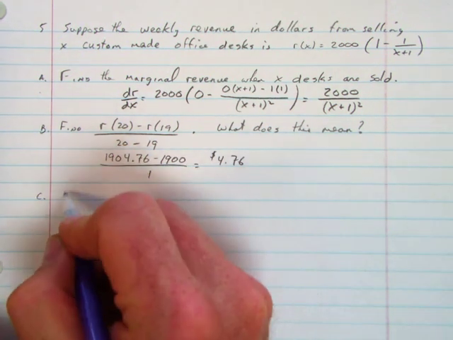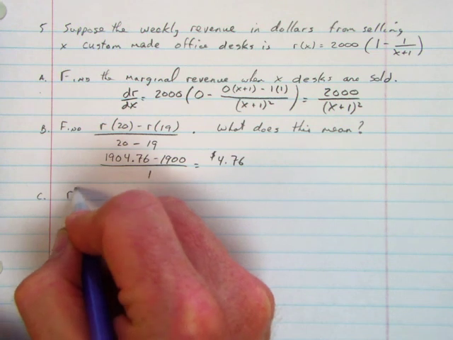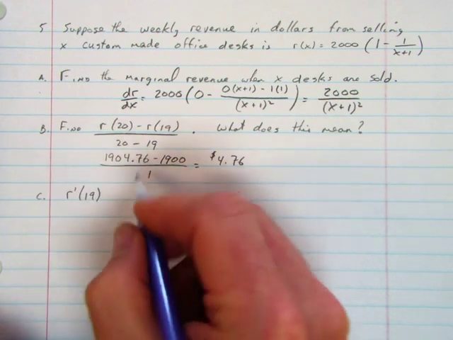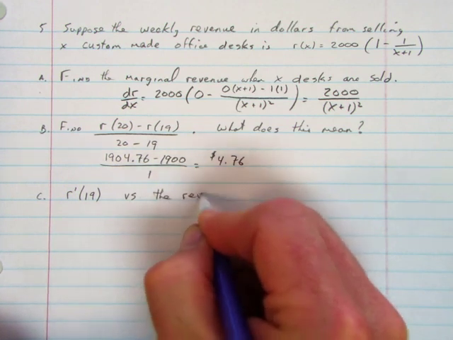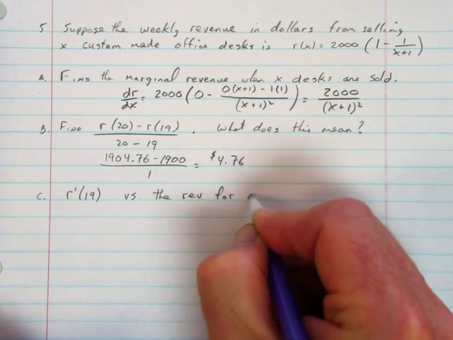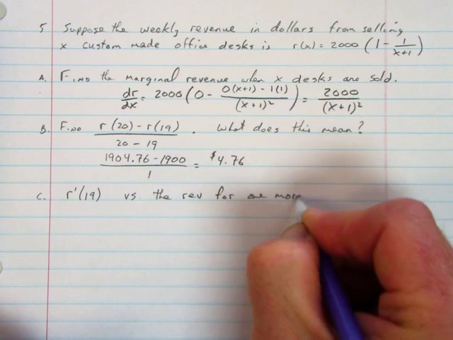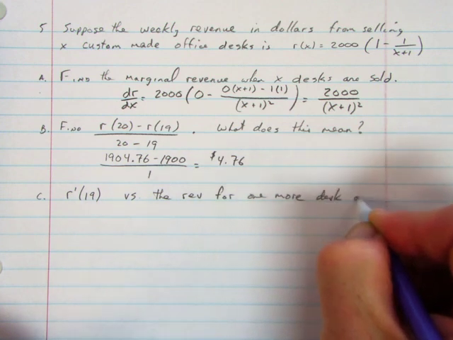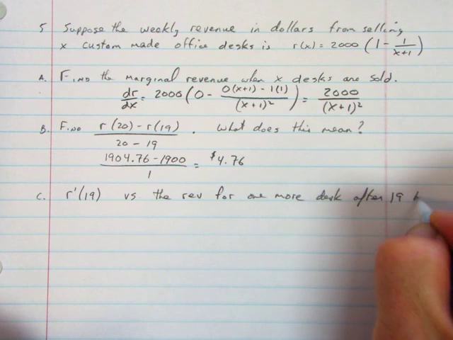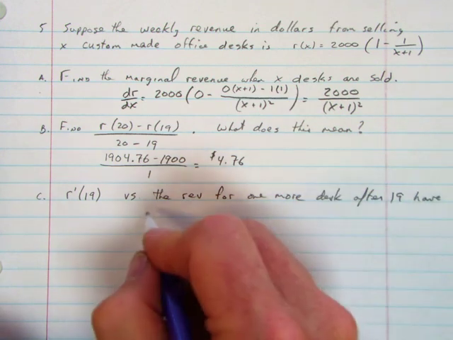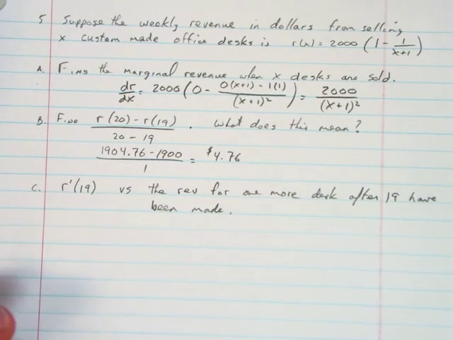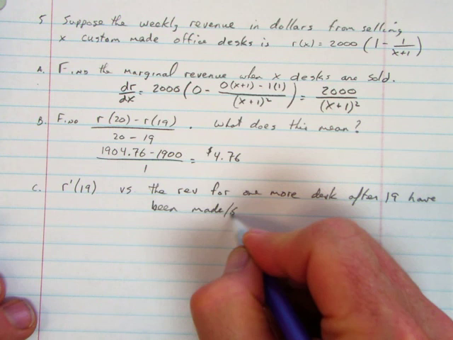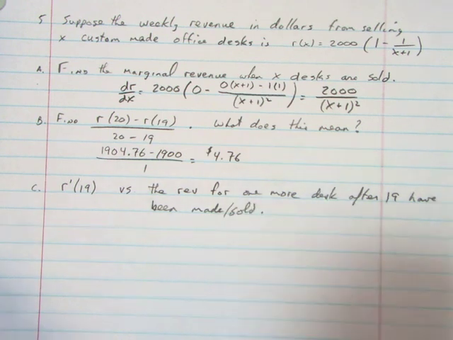Part C, I forgot to write down. What I want you to do is find R prime of 19, and I want you to compare it to the revenue for one more desk after 19 have been made, or sold here, because that's really for having our revenue.